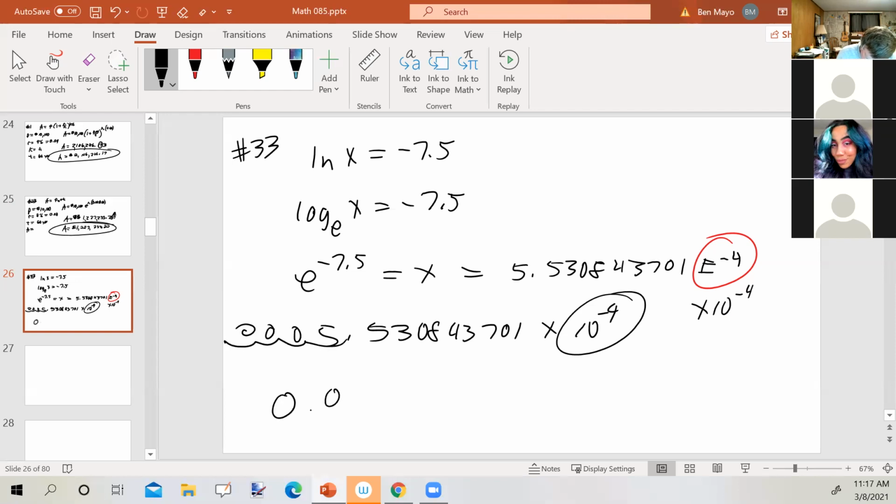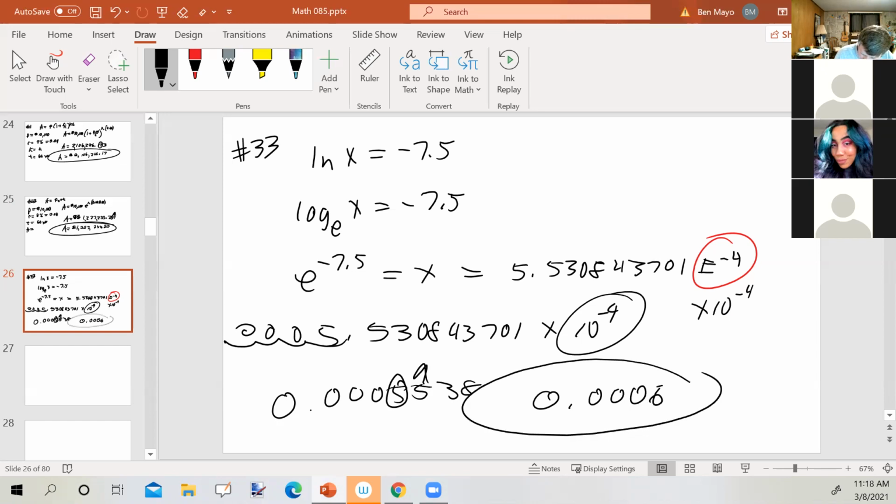So I get 0.000553, etc. It says to 4 places, which would be right there. That's going to round up. So we get that. And I'm guessing the tricky part there was recognizing what that meant. Okay, scientific notation.